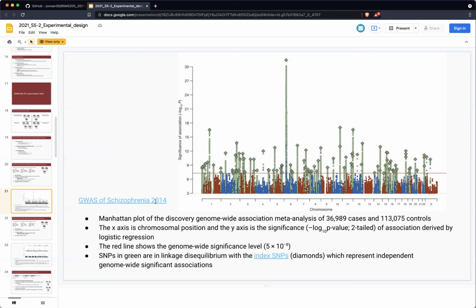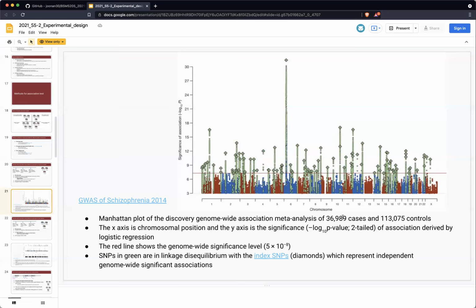So for the schizophrenia GWAS, they collected 36,000 cases diagnosed with schizophrenia and 100,000 control samples, right? After the GWAS, they compared the SNPs across the genome and the genotype counts that had huge differences between cases and controls. And they found 108 loci significantly enriched in schizophrenia cases.